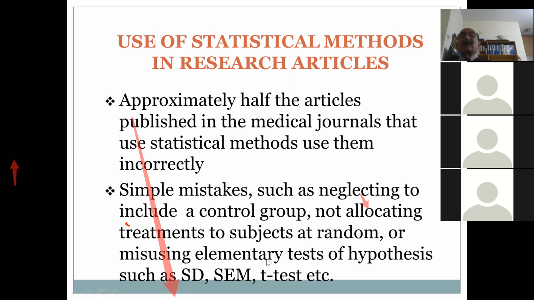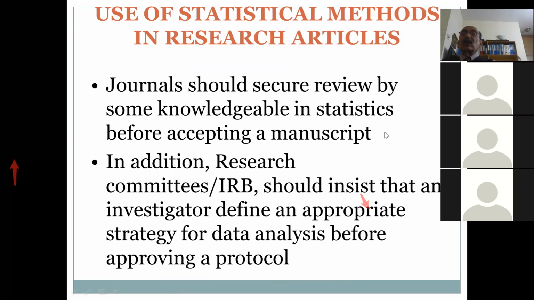Now, this study was carried out in the United States a couple of years back, and they found that approximately half of the articles published in medical journals that use statistical methods use them incorrectly. Simple mistakes such as neglecting to include a control group, not allocating treatment subjects at random, or misusing elementary statistical methods such as standard deviation, standard error, t-test, etc. Journals should be scored and reviewed by someone knowledgeable in statistics before accepting a manuscript.